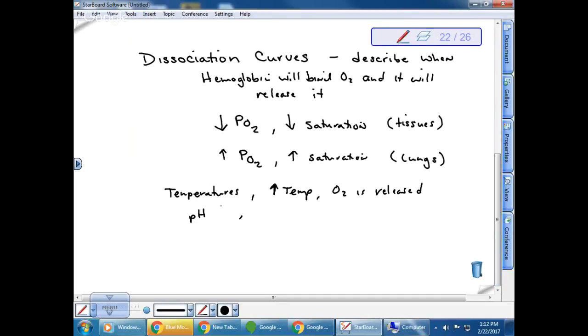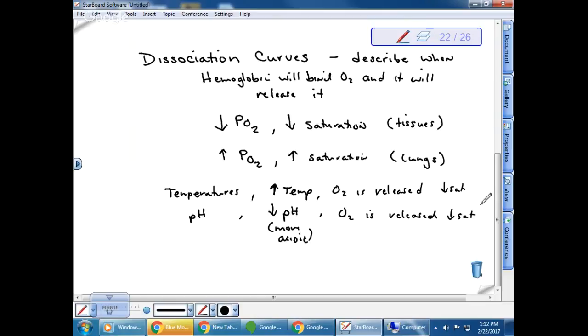So pH is a measure of acidity. So if we decrease the pH, then that makes it more acidic. And so this would mean that as we decrease the pH, more O2 is released. So we decrease saturation. Two different ways of saying it.